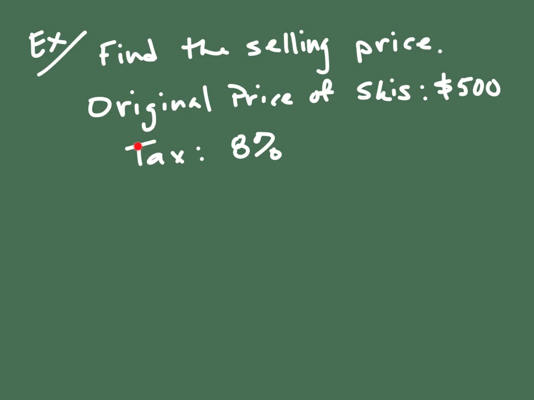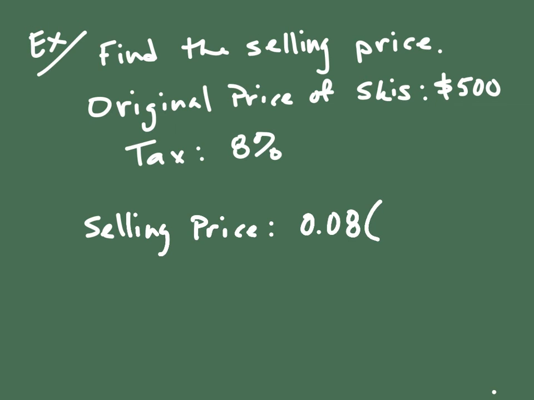So to find the selling price, you want to take 0.08, which is 8% as a number, multiply that by 500, and then add 500 to that, and that's going to give you your final selling price.